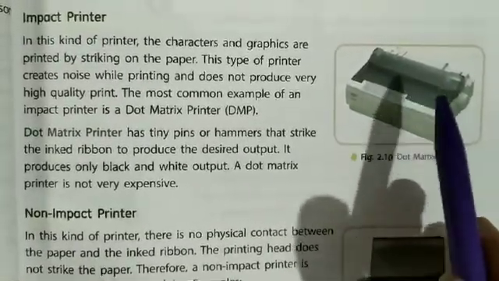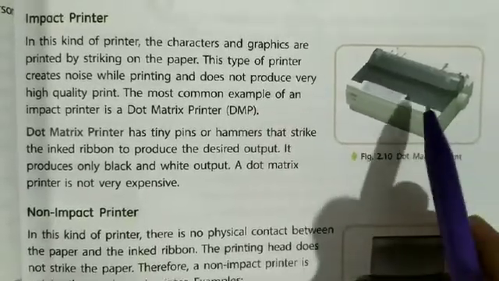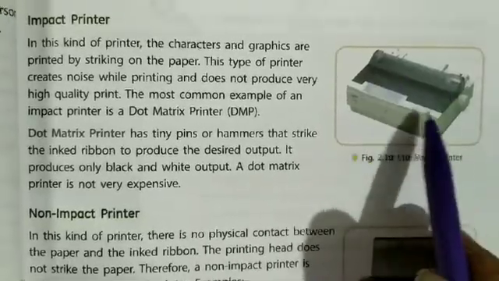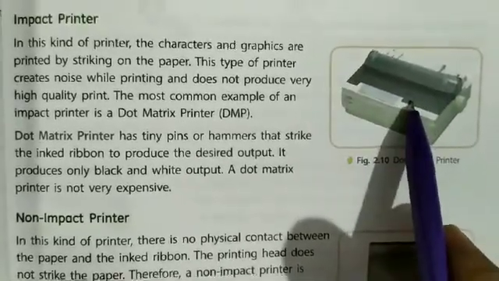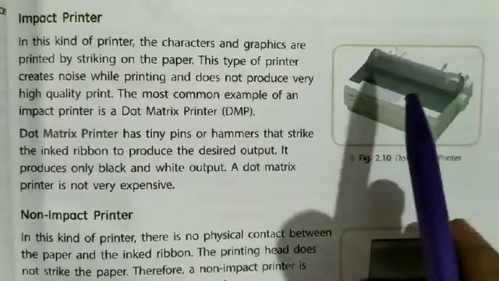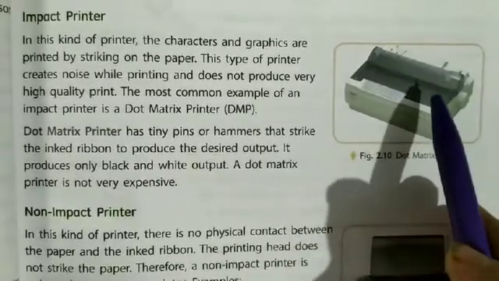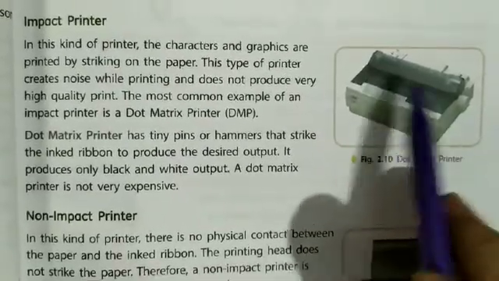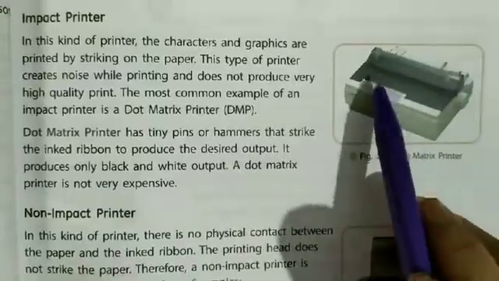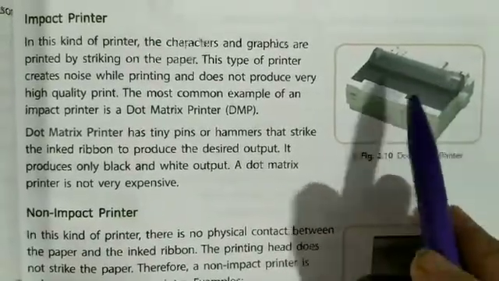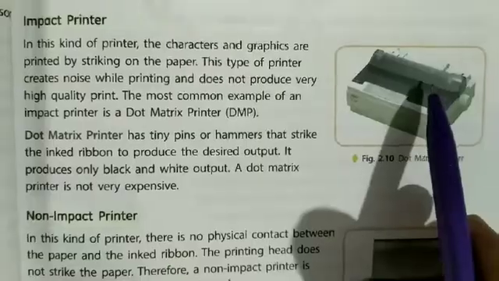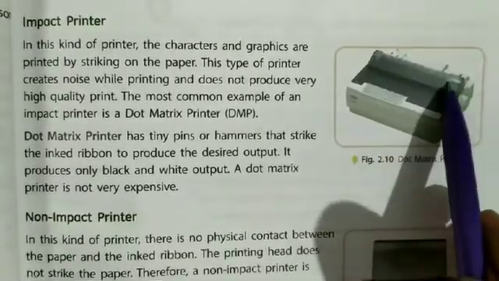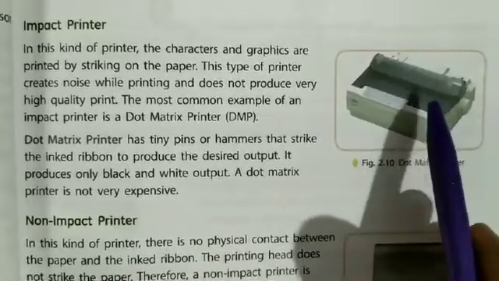No colored output is produced by this type of printer, and it is not very costly. The printing quality of this printer is not very good or high. When it prints anything, it creates noise.